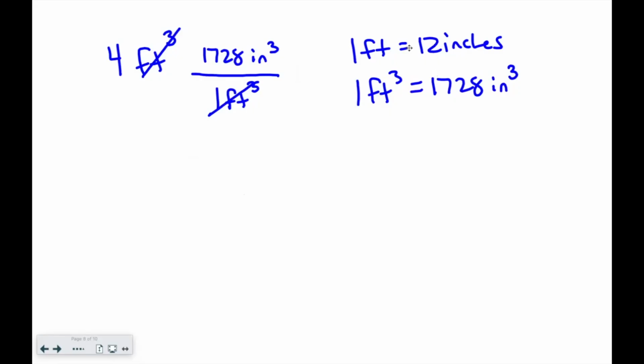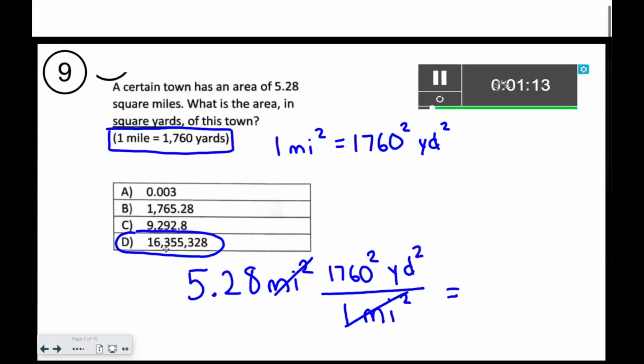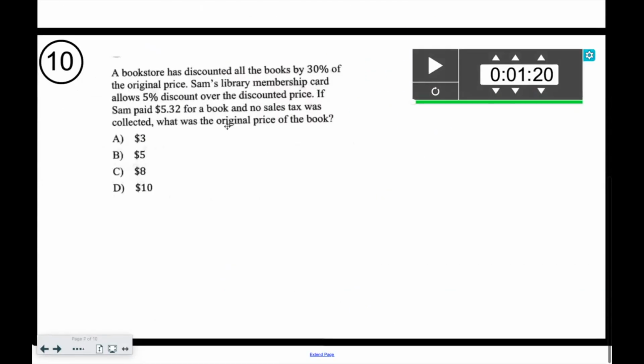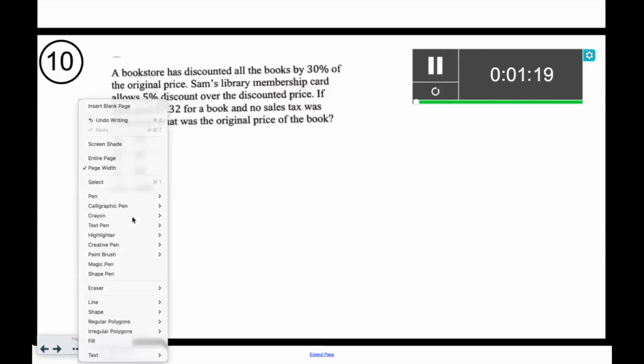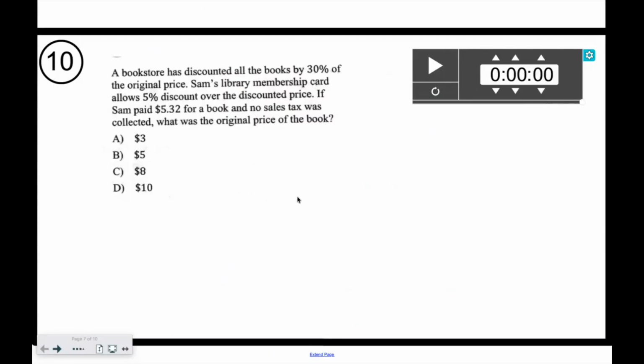Yep, you're welcome. Okay, so let's take a look at number 10. I think this will probably be our last one. So try this. Okay, so for this problem, this is where we really need to be able to use the percent increase and decrease and come up with those decimals. So let's go through each of these.